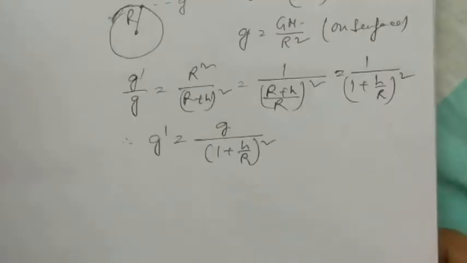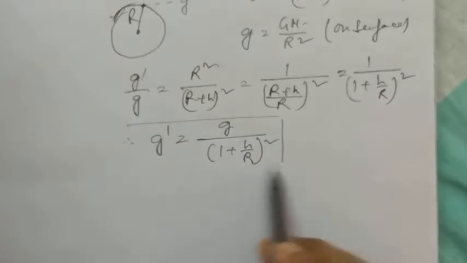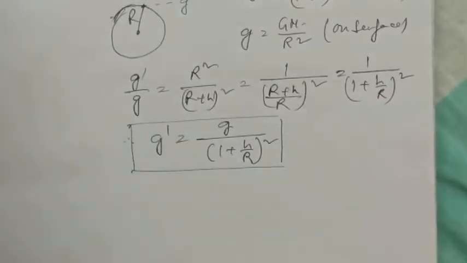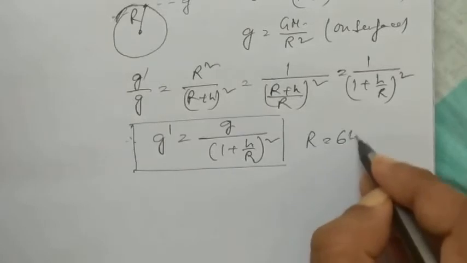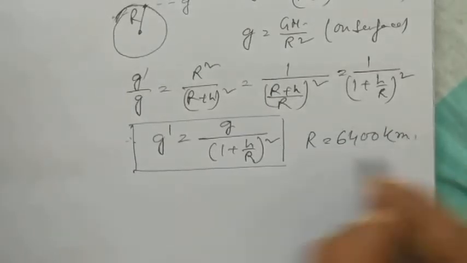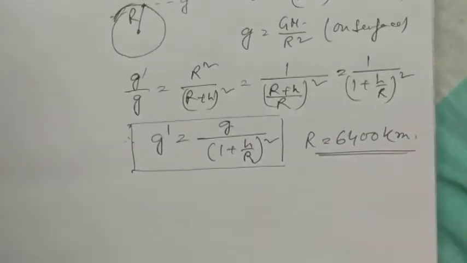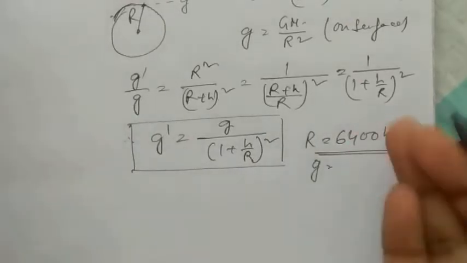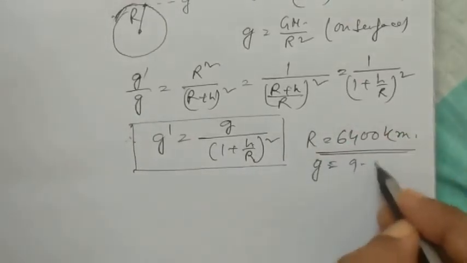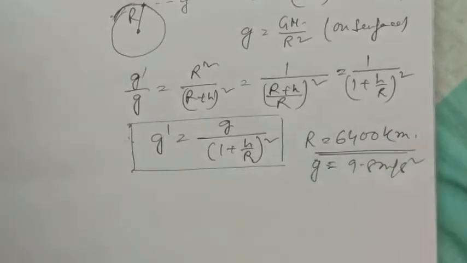This is the expression from which we can calculate the value of g dash by replacing the value of the height and the radius of the earth, taken to be 6400 kilometers, and the value of g as given in the paper, or you can take it to be 9.8 meter per second square, the standard value on the surface of the earth.